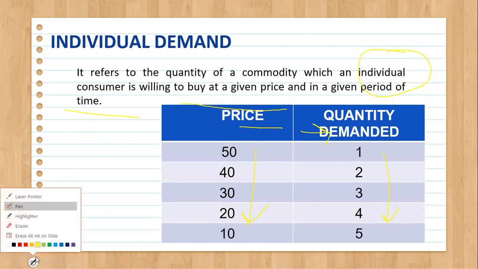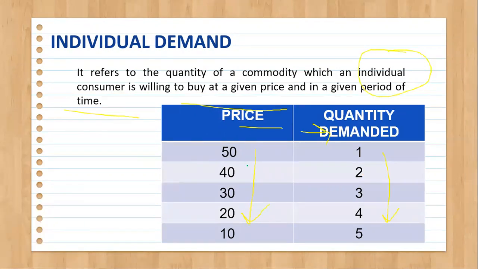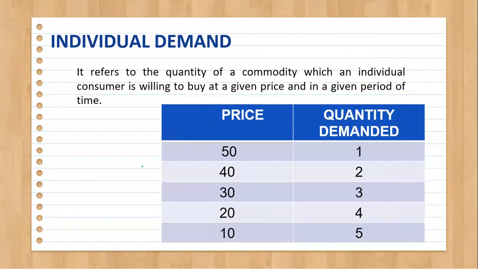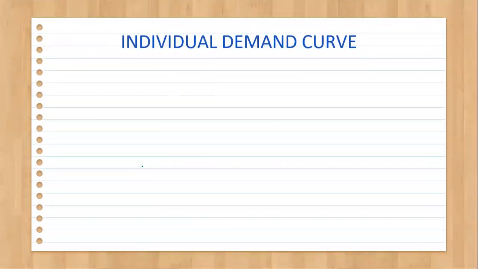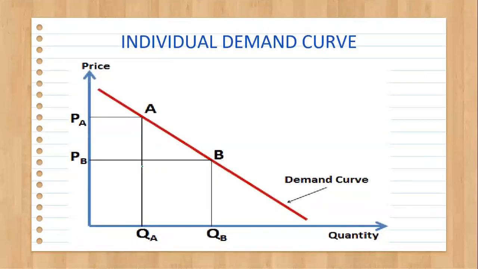Now, what we have observed from this is that as my price keeps on declining, my quantity demanded keeps on increasing, right? Why does it happen that when your price decreases, your demand increases? Because everybody wants the commodity at a lower price.